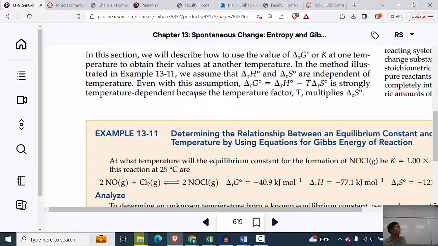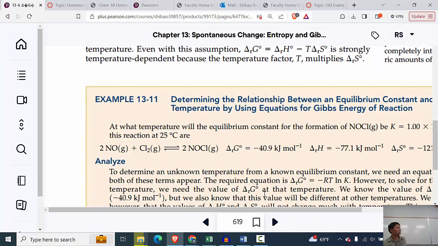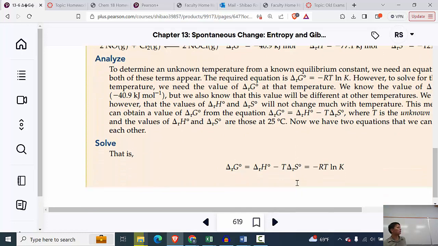So one way we can figure out how K varies is to calculate delta G at a different temperature and then use that delta G to calculate K. So in other words here, we know that delta G varies with temperature. And so we can calculate delta G at different temperatures, understand the conditions, and use that to solve for K.